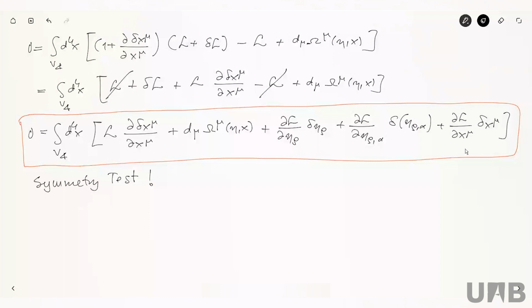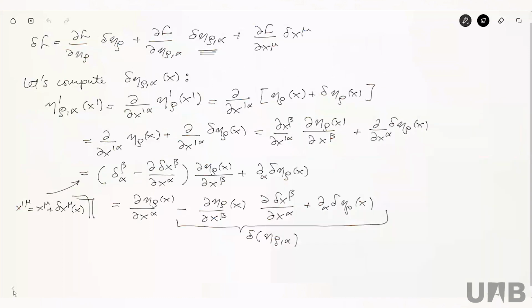All right, so now let's make explicit what this delta of the derivative of the fields is, okay? Because that's what took us all this derivation here. So now we need it.